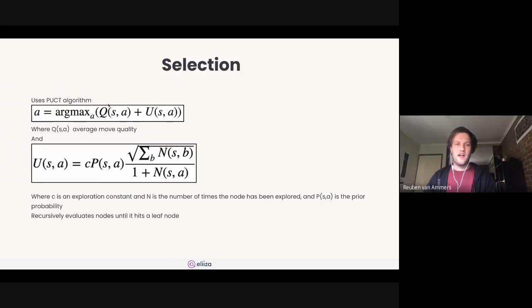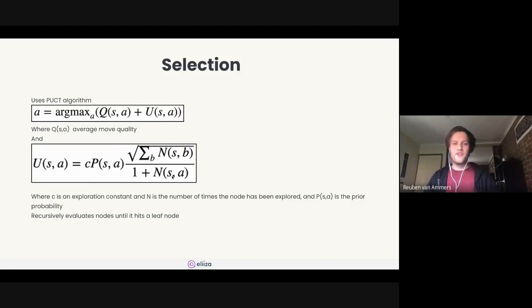The Q term is the quality of the state and the action, while the U is an unexploredness factor. We'll talk about Q in the next slide, I think. But U is set as this. And as I said, it's a term to force exploration of moves.